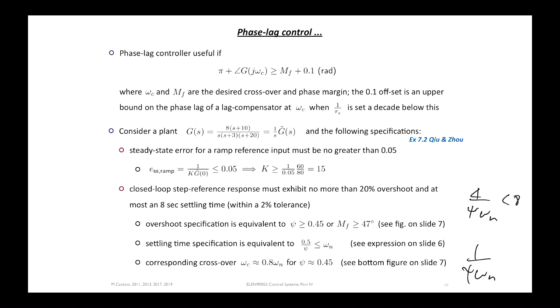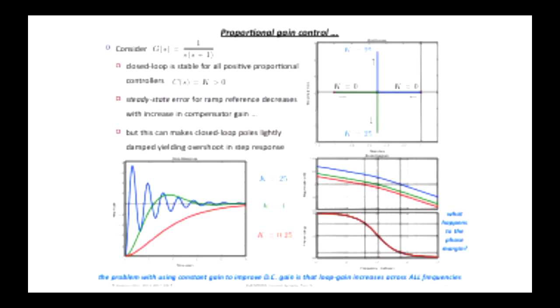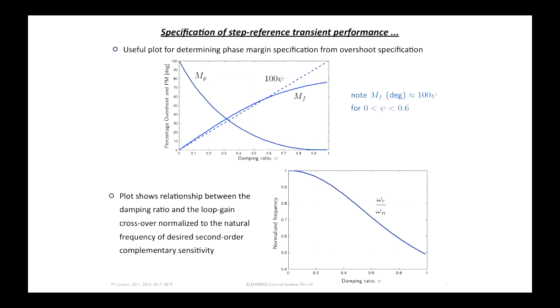So by increasing omega c, you might be making omega n bigger, which will tend to reduce this, but at the same time, you might be making psi smaller, which will tend to increase this, and the effects will cancel each other out, and you don't actually get any reduction in the settling time. So that's why we've got to look at these curves to figure out the required relationship between the natural frequency of the desired second order dynamics and the crossover frequency in terms of the damping.